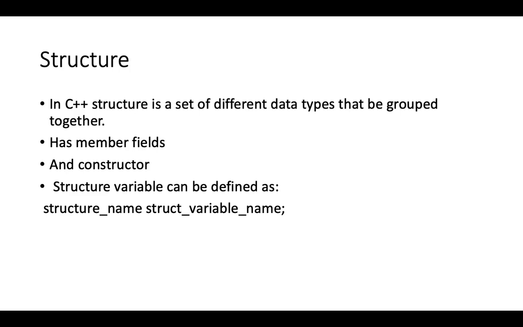So moving on to structures. Structures in C++ let you put different data types like integers, characters, strings, and group them together. A structure has member fields, which is what's inside it, the different data types that you put.